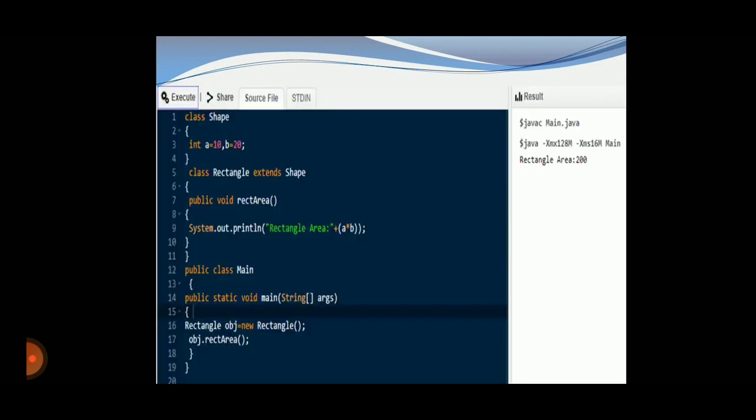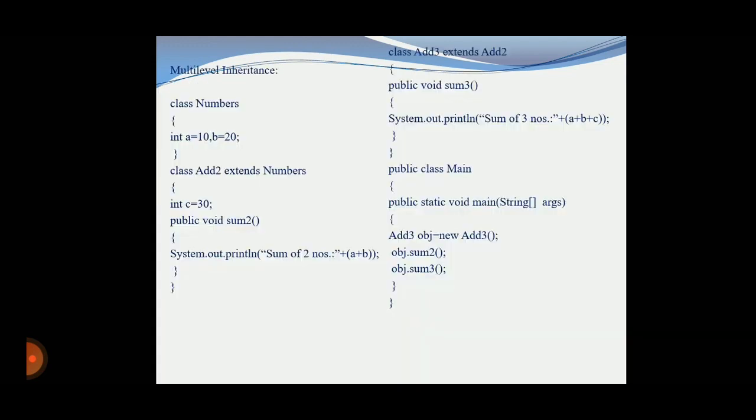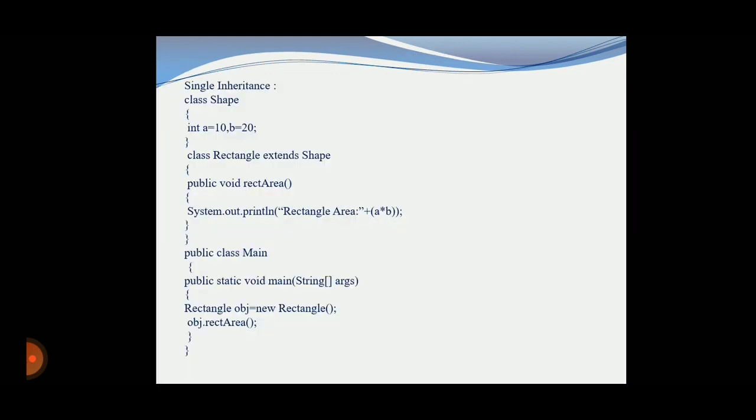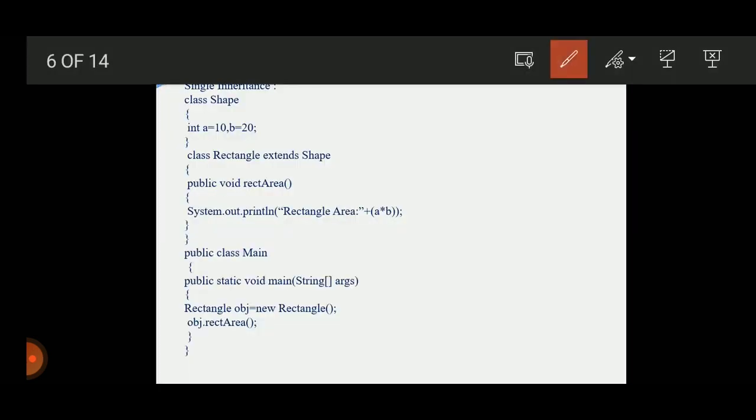Now we will see the example for single inheritance. See here, class shape. This is the base class, and here we use the data members A equal to 10 and B equal to 20.